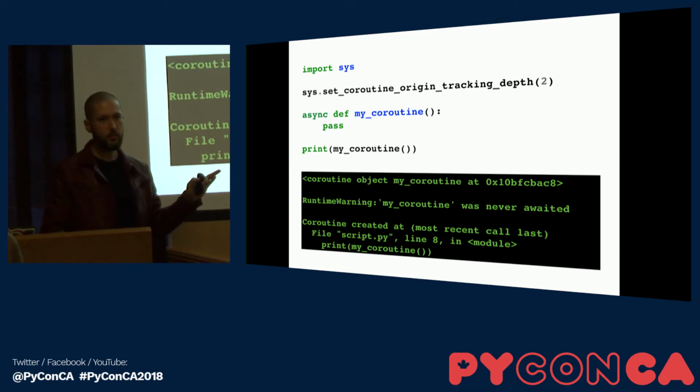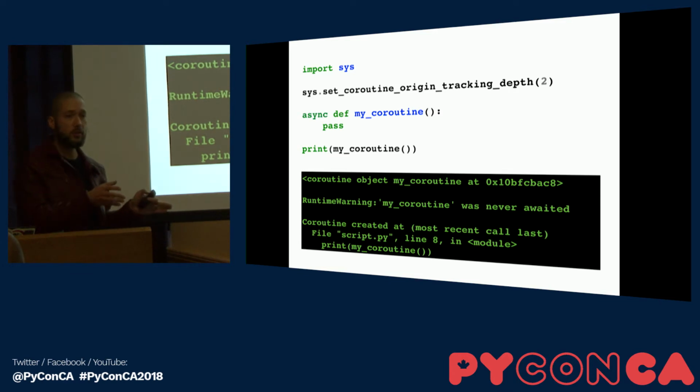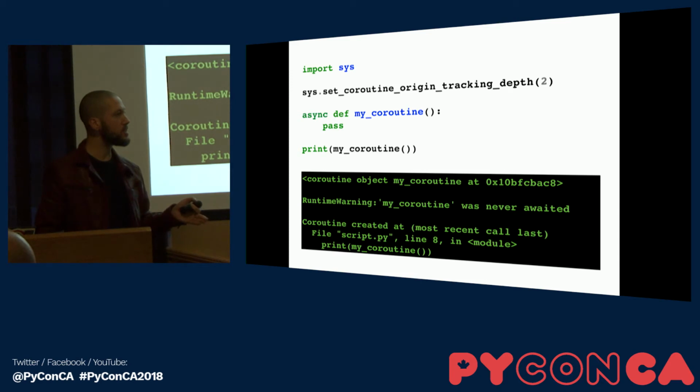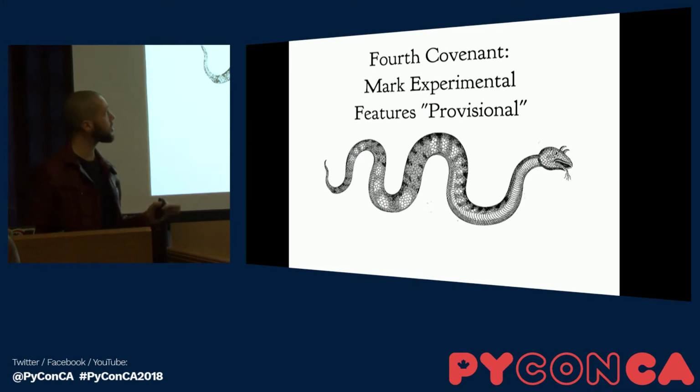Luckily, Nathaniel could make this change without breaking compatibility, because when Yuri first implemented that giant hook, he marked it provisional. He said, I'm not sure this is a good feature. So asyncio users know not to rely on it, so Nathaniel can replace it after some consideration. We can learn from this too.